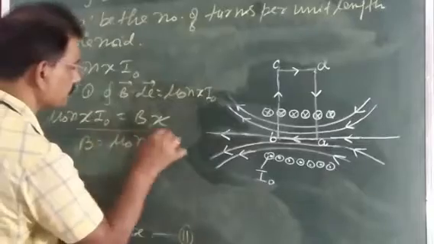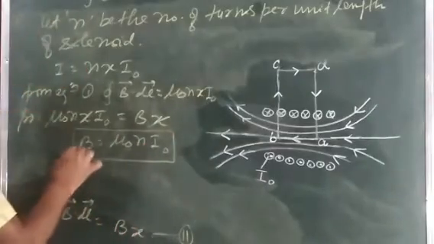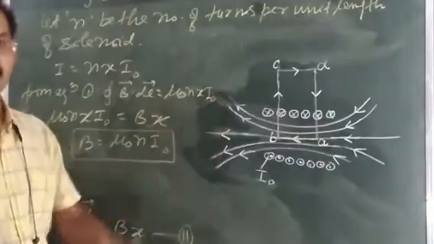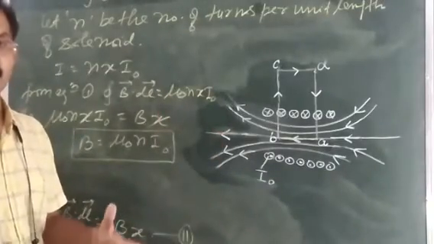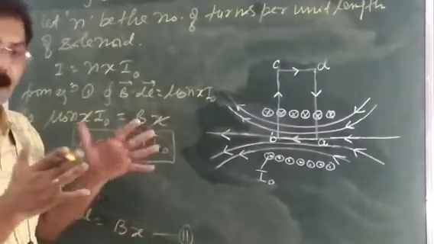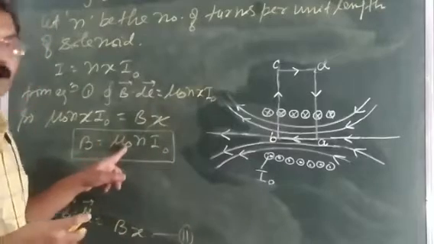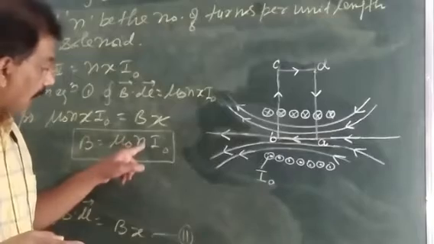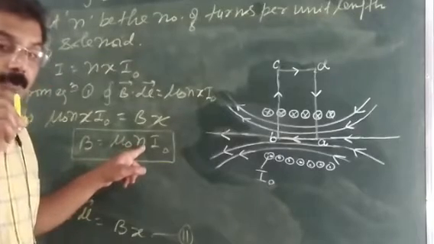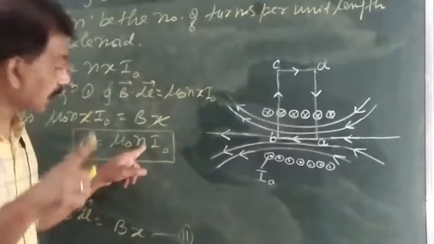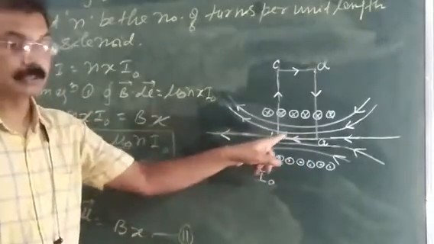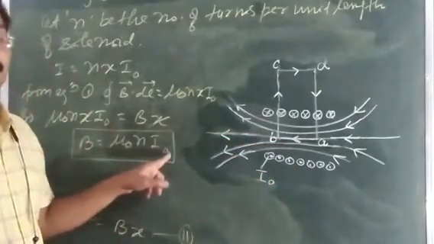This is the expression for the magnetic field due to the current carrying solenoid, long solenoid whose length is very large compared to its diameter. So here mu naught is what here? Permeability of the free space and n is the number of turns per unit length. याद रखिएगा ये n क्या है? Number of turns per unit length of the solenoid, and I naught is what here?